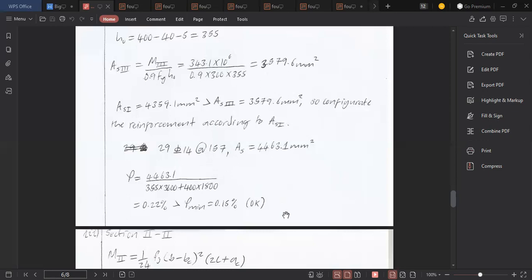To find that distance, we take the distance of our foundation, which is 3,500, 3.5 meters in millimeters, minus the covering surface. The covering surface is on both sides, so that's 2 times 45.